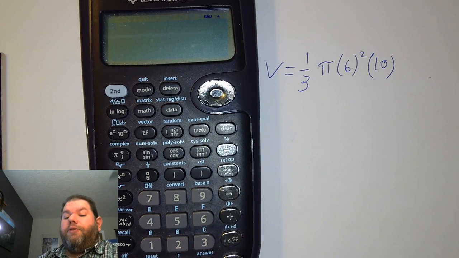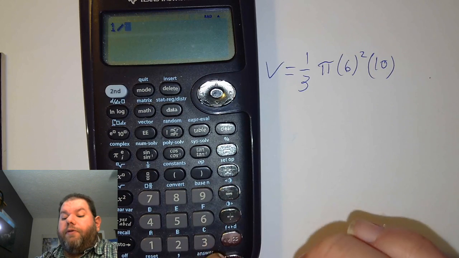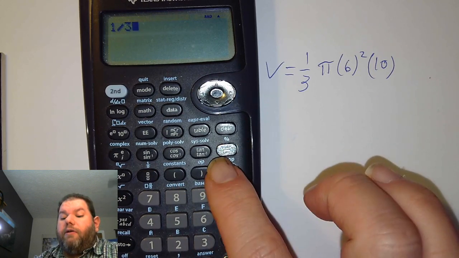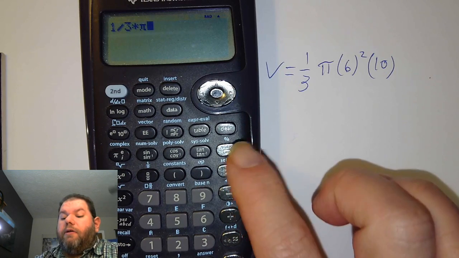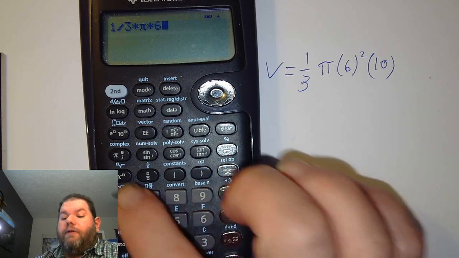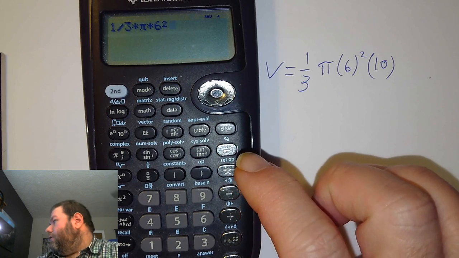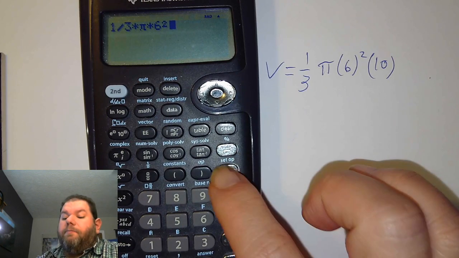So we wanted 1/3, so we have a fraction 1/3 times pi times 6 squared times 10.